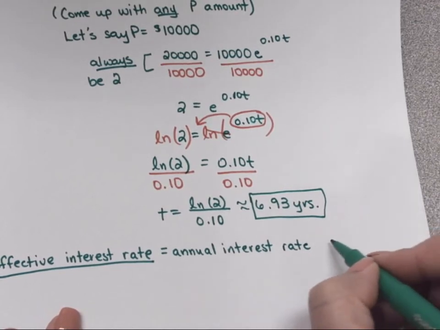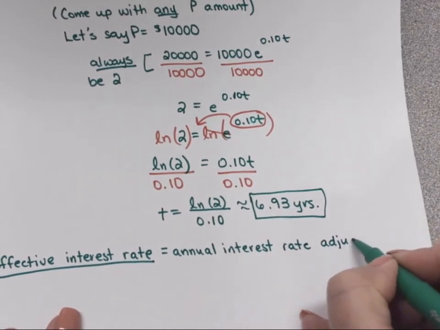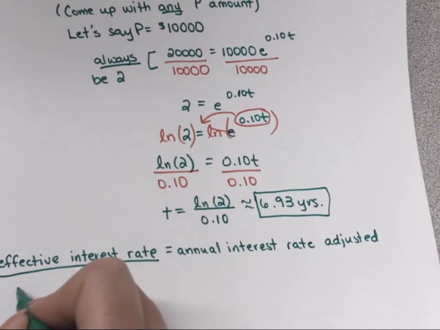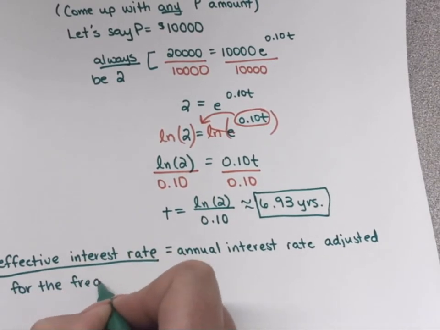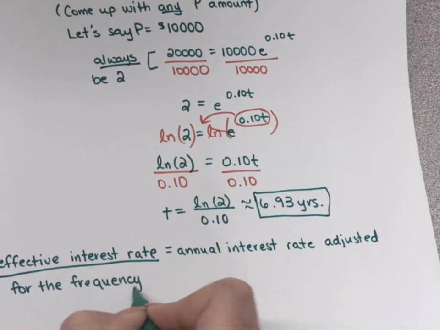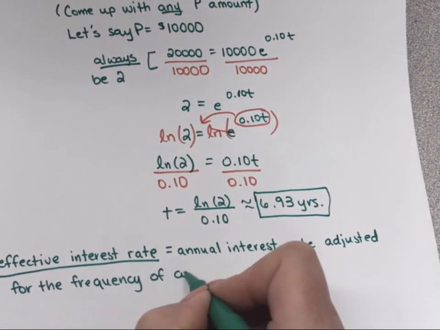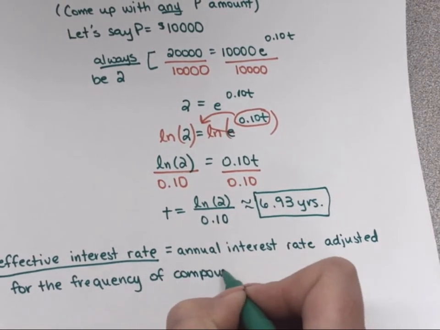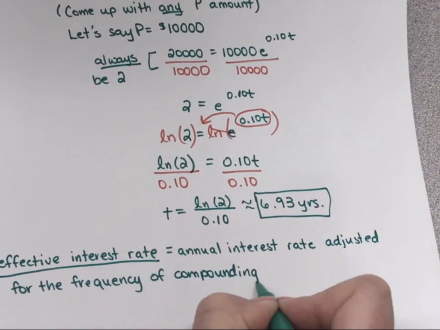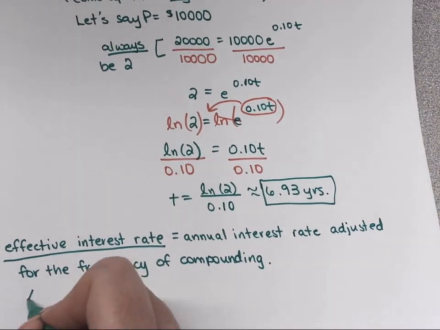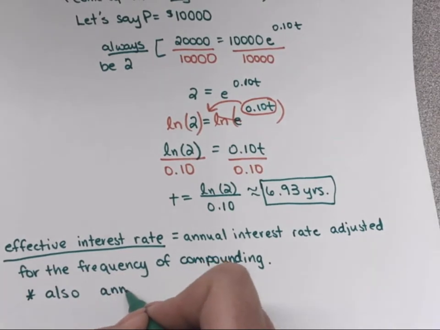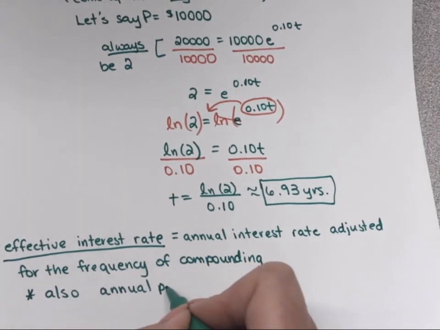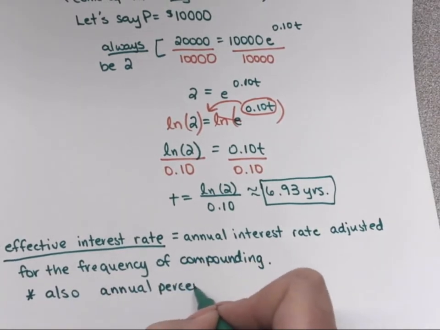So it's basically an annual rate adjusted for the frequency of compounding. So it allows you to truly compare apples to apples when you're trying to compare maybe vastly different types of accounts. You will see this on your credit card statement sometimes as the annual percentage yield, or APY.